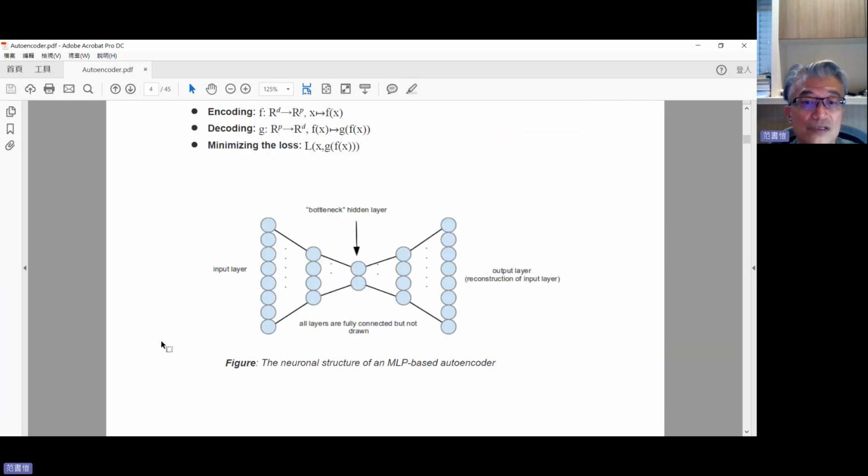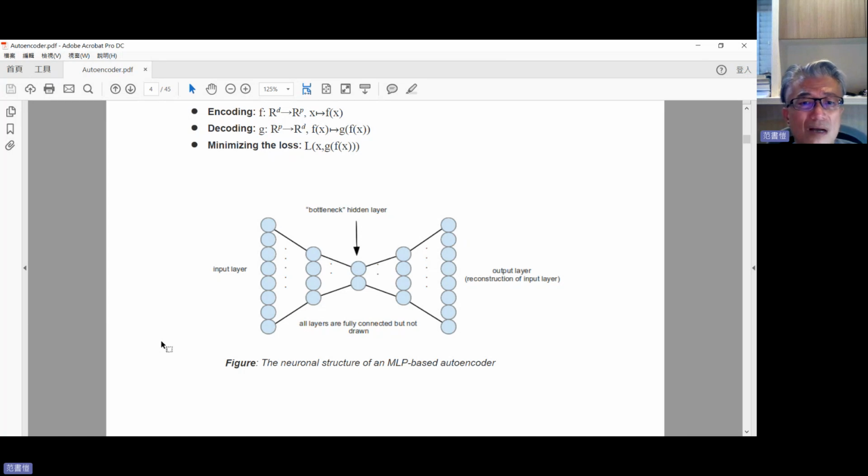This figure is a neuron structure of an MLP-based autoencoder. Remember, this is only good for real-number time series data. It's not good for image data.